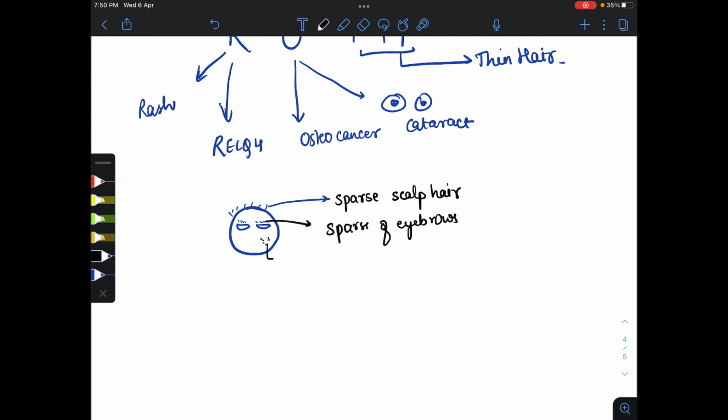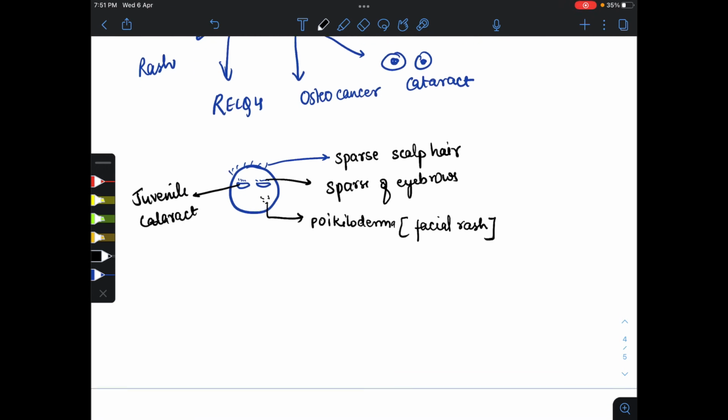There is a facial rash, or we can say poikiloderma, and there is juvenile cataract. So these were the features of Rothmund-Thomson syndrome.